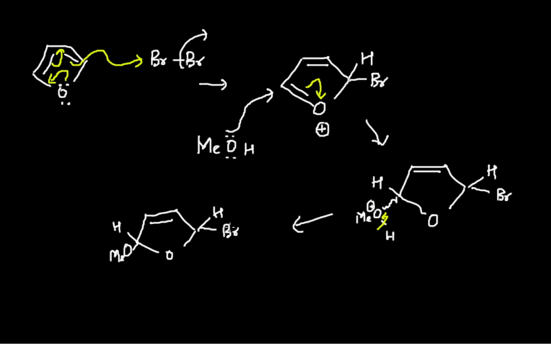Now, the bromine that was originally added is pushed out by the furan oxygen atom to make a relatively stable oxonium ion. The lone pair on oxygen will kick out this bromine to form a stable oxonium ion.